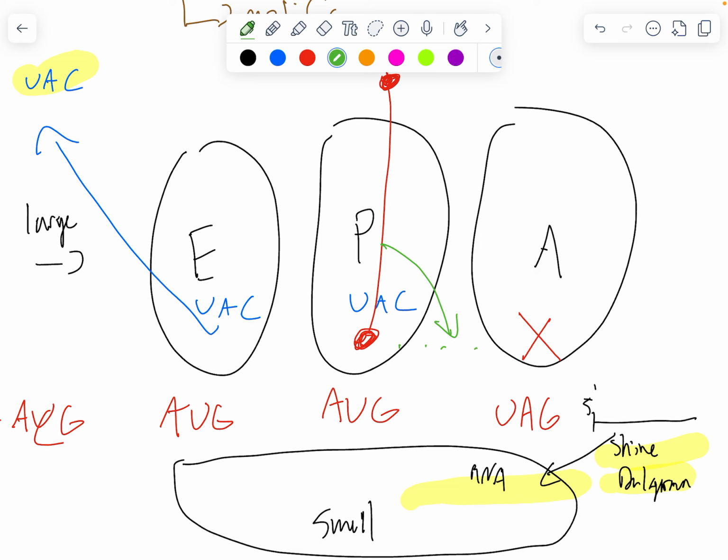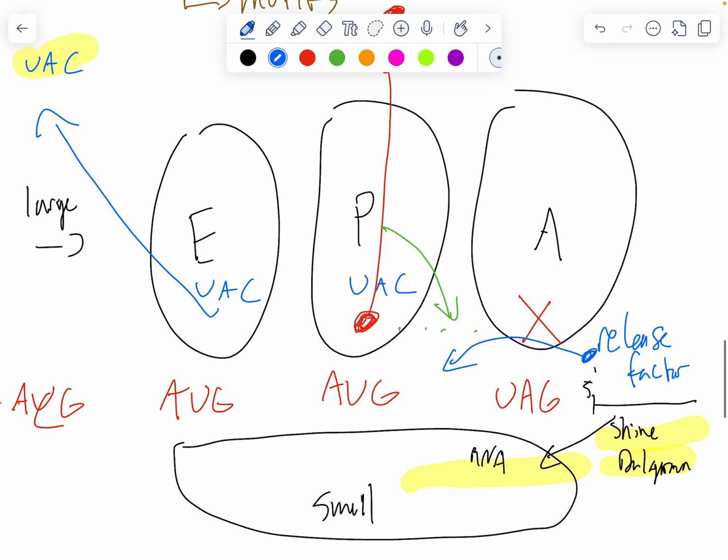And so when it tries and fails, we have another molecule called our release factor. That comes in and it dissociates the entire ribosome.